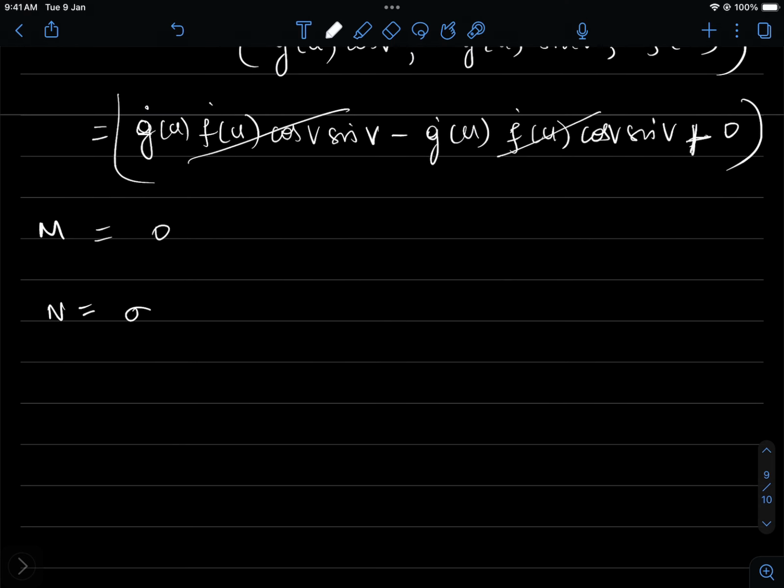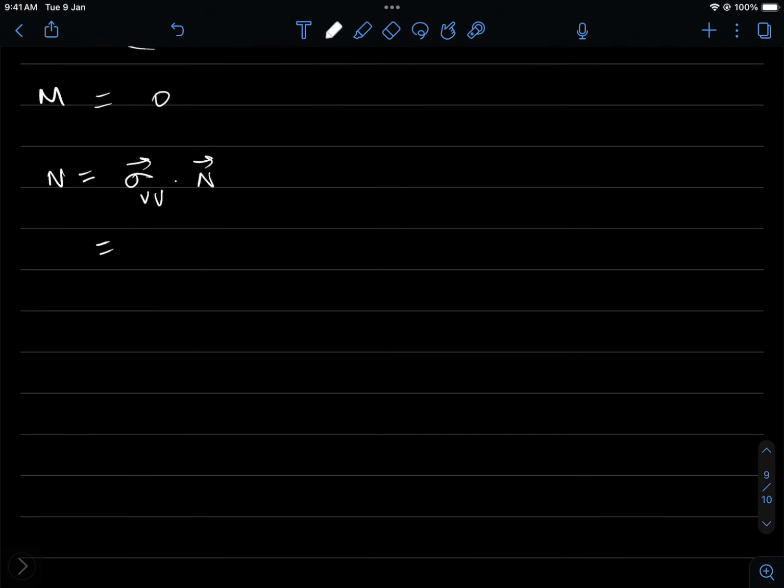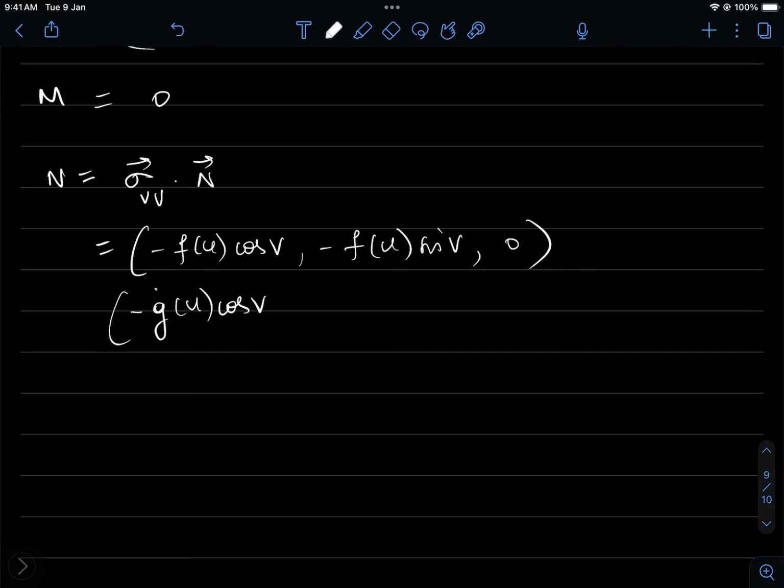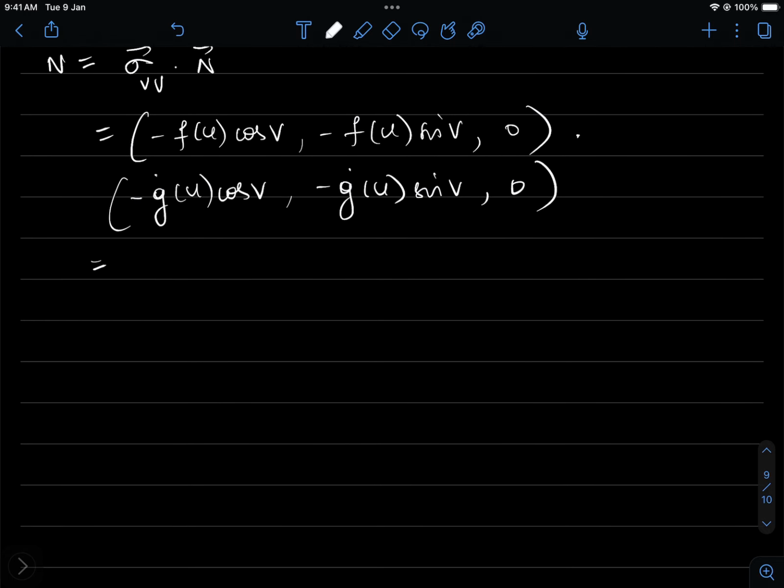So what is N? Sigma vv dot the unit normal. Sigma vv is given by minus f of u cos v, minus f of u sin v, comma 0, and the normal is minus g dot u cos v, minus g dot u sin v, comma f dot u. Once you take the dot product, you get f of u g dot u.